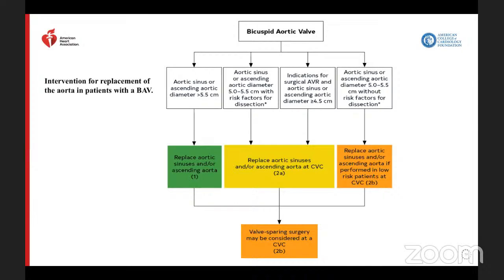For a patient with bicuspid aortic valve and aortic sinus or ascending aortic diameter of 5 to 5.5 without risk factors for dissection, like family history, replacing aortic sinuses and/or ascending aorta in a low risk patient at a comprehensive valve center is a class 2B. And valve sparing surgery may be considered, and it's a class 2B.